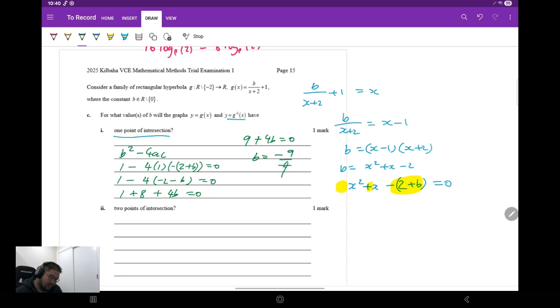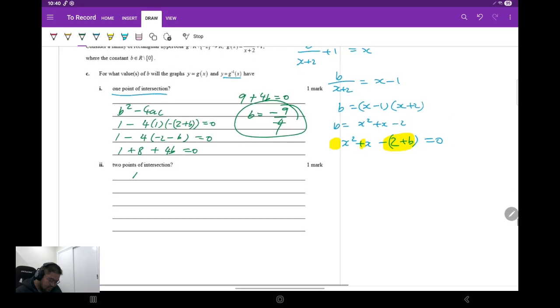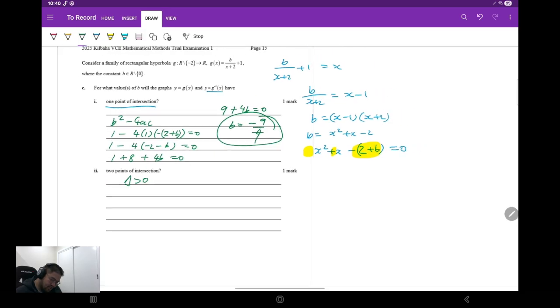Okay, so for this b value, there will only be 1 point of intersection. So the question is, where will there be 2 points of intersection? And 2 points of intersection exist when the discriminant is positive. So what I'm going to do is sketch this graph, and think about it in terms of where my intercepts are in this case.